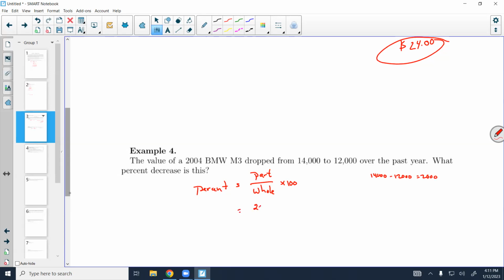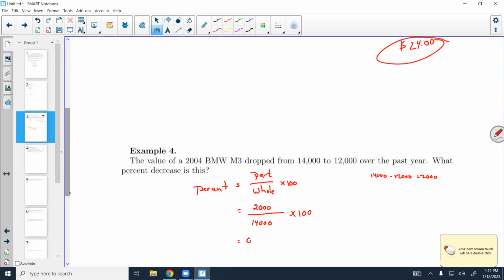Okay, so what's the whole? Got a 50-50 chance. 14,000. And always start with the beginning price. And we're going to multiply that by 100 to get percentages. Not 1,000, 100. So we take 2,000 divided by 14,000.